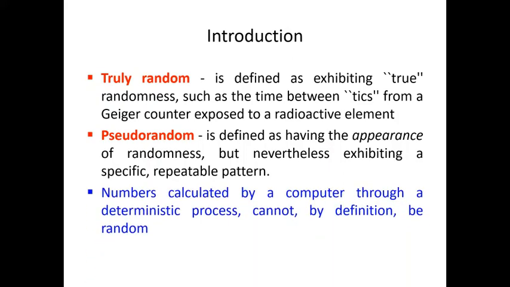Numbers calculated by a computer through some deterministic process, by definition, cannot be truly random; they will be pseudo random. Only natural processes like a radioactive element generating ticks in the measuring Geiger counter, an earthquake measurement device, or all those things will be naturally random.